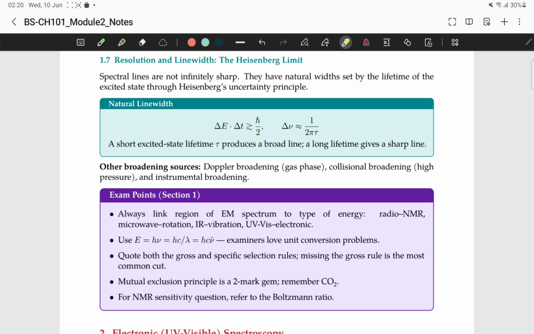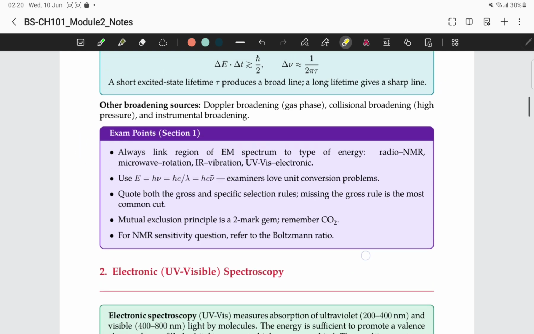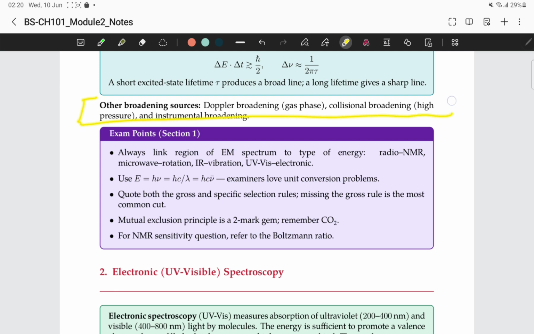I think this is one of the most important equations, and you have already read about it in your quantum part. Other broadening sources are Doppler broadening and collision broadening. That part is just for a note, you can ignore it. I would suggest reading the notes that I'm providing you, which would be more than enough.